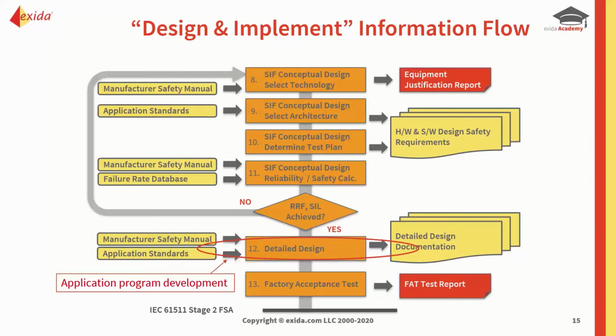Now there's two terms, white box testing and black box testing. White box testing refers to testing where you can see what's going on. So for example, when you've written your application software, the logic solver manufacturers provide tools for you to be able to animate the software. So you can see what's happening with the logic. It changes color, for example.